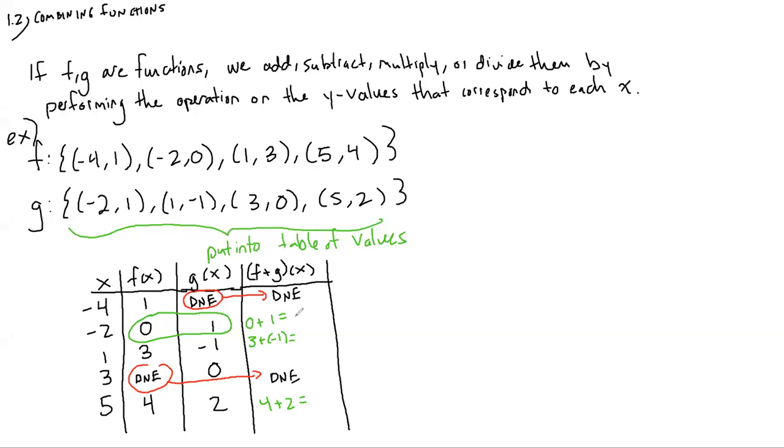And I'll just clean up the other ones. My 0 plus 1 is 1. 3 plus -1 is 2. 4 plus 2 is 6. And so what I have here, if I wanted to actually write these things out, is my f plus g of -2 is equal to 1.